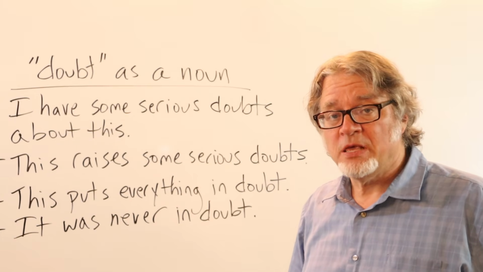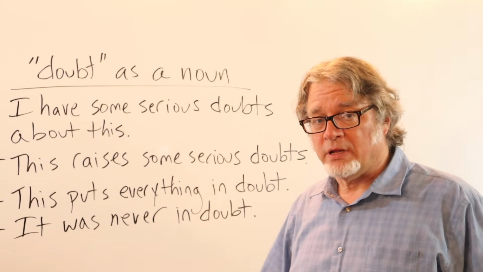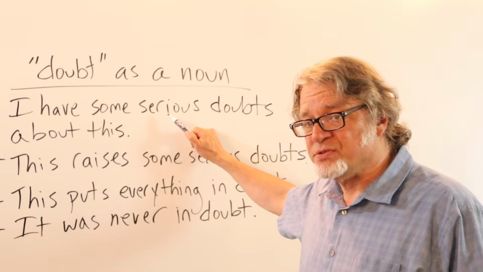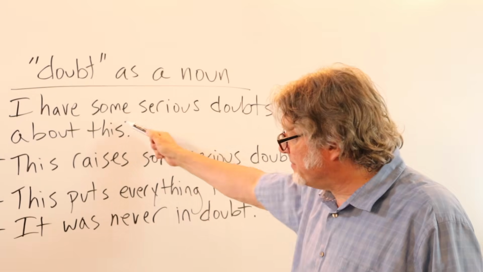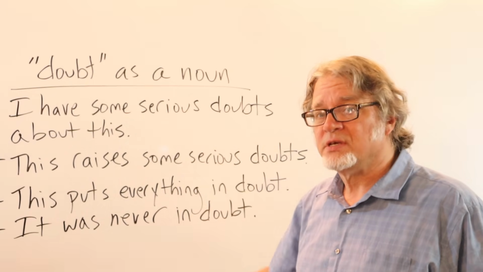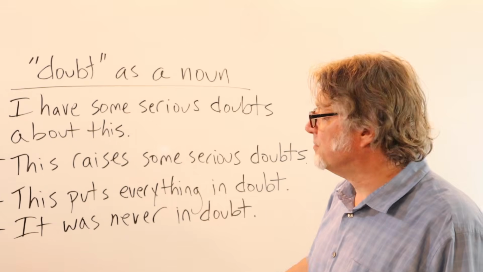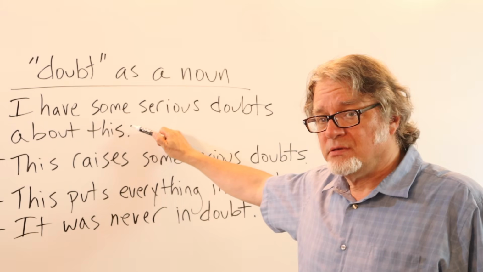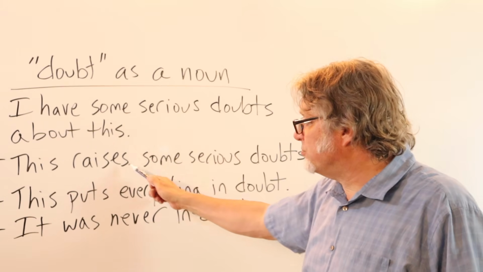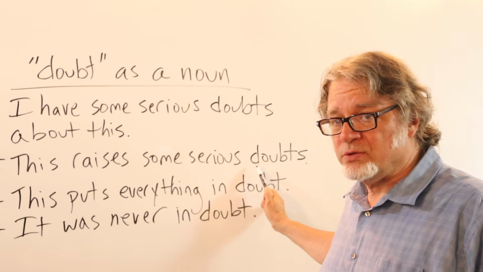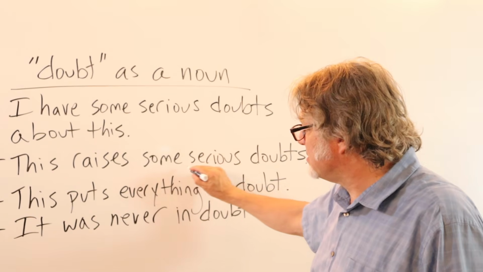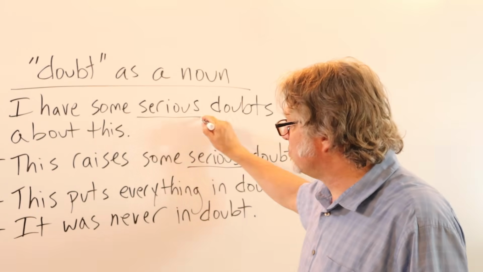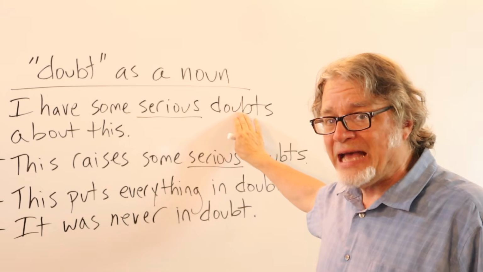You'll often hear people use doubt as a noun, and in these examples, you'll hear people use every single one of these words in the sentence. For example, I have some serious doubts about this. Or, this raises some serious doubts. Notice the adjective serious is used before doubts.